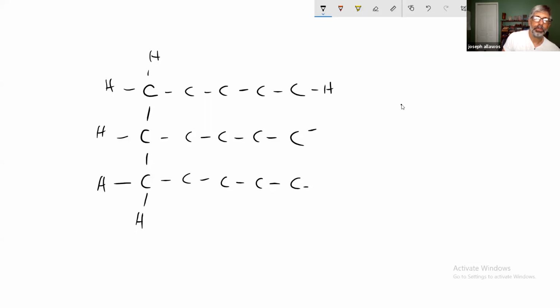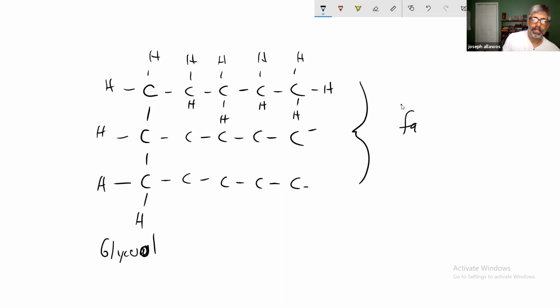We'll just make them short, and then you have H's. I'm just going to draw this one like this. Here's the glycerol, and these are the fatty acids.